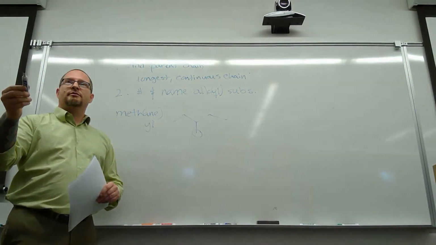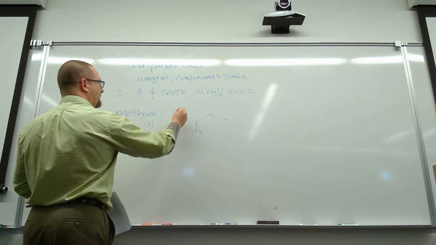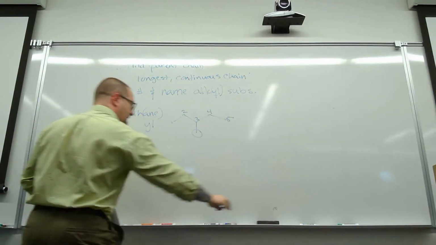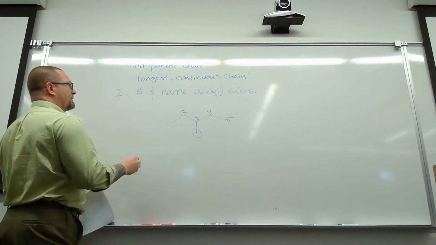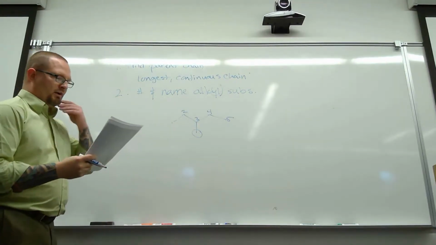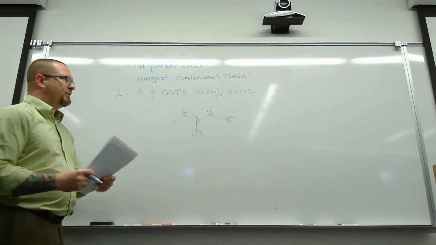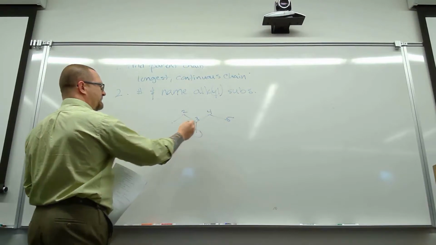Yes? So is that called then methyl? Oh no. 1, 2, 3, 4, 5. So what we'll do here is you number and name the substituents. So how do we number? There's all kinds of rules around numbering, but for now we're going to number from the side that gives you the lowest number for your substituent.